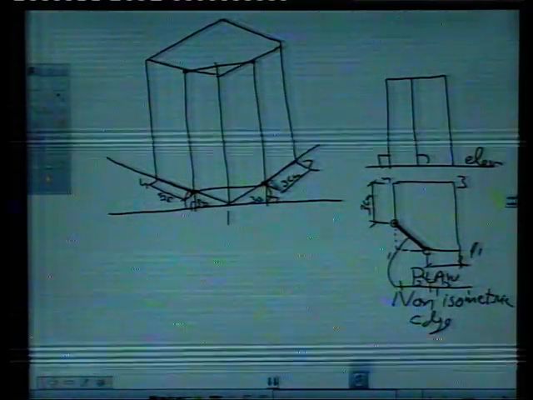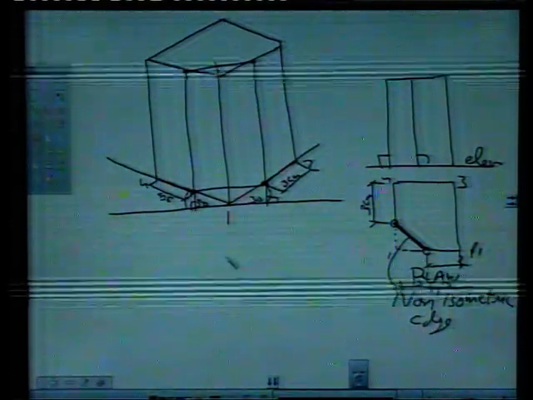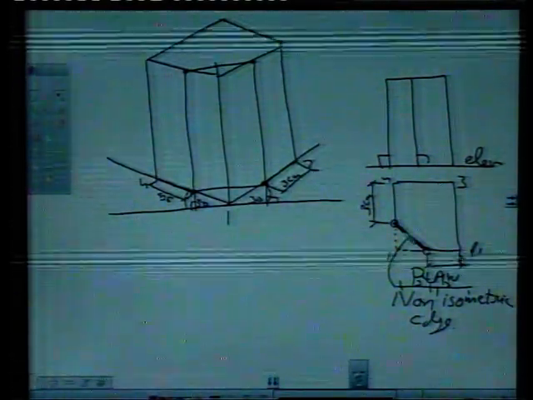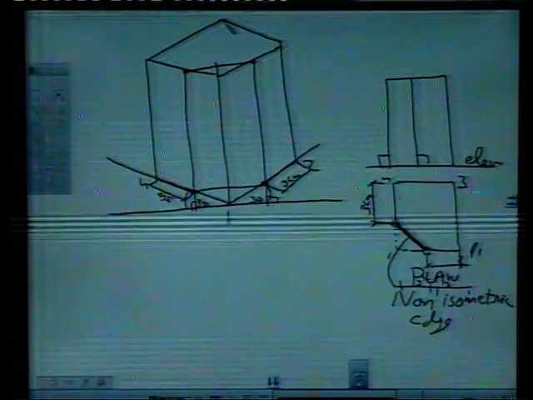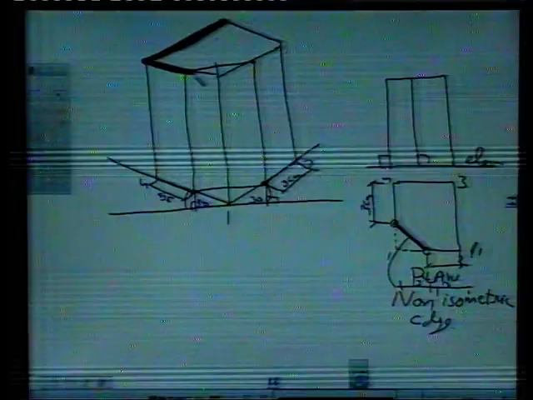This gives us isometric of a non-isometric edge. In the end, draft it like this.